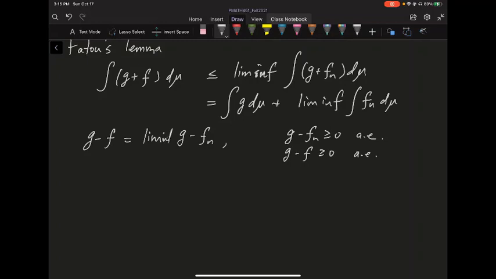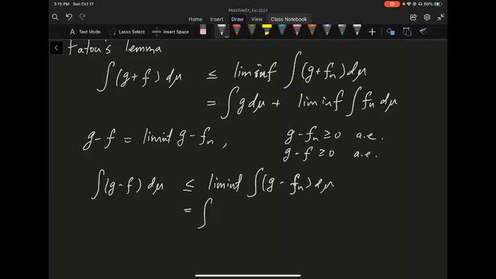Let's pretend this limit is a lim inf as well, so we apply Fatou's lemma twice. The integral of g minus f d mu is again bounded above by the lim inf of the integral of g minus Fn d mu.